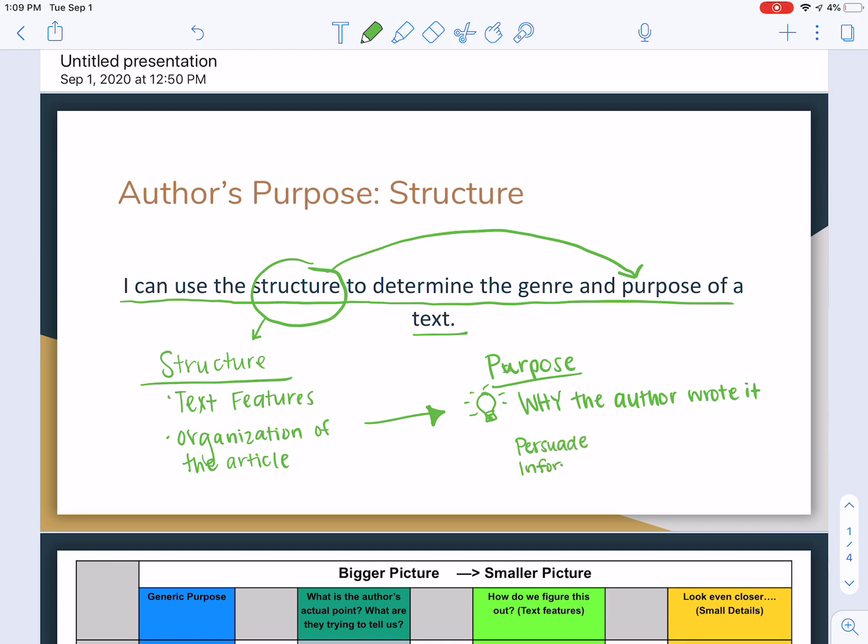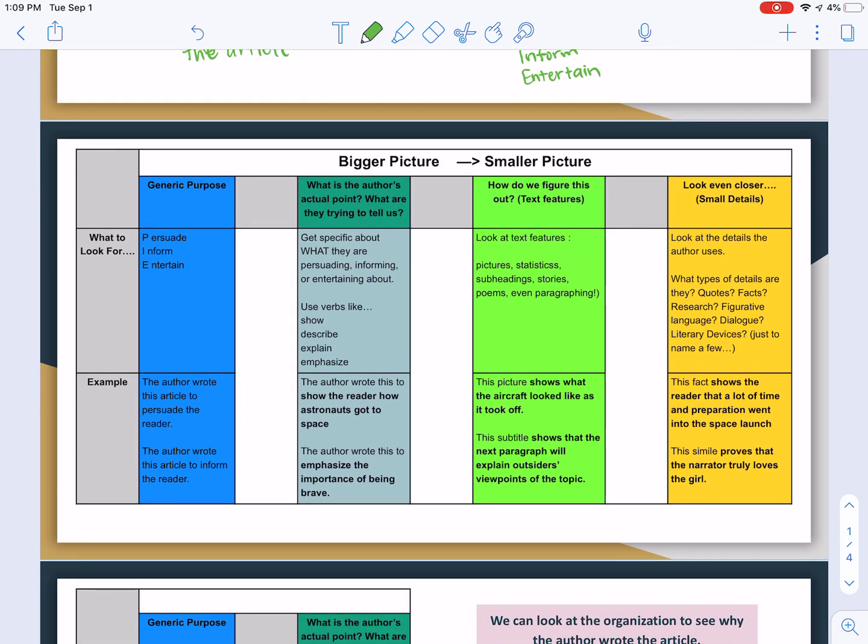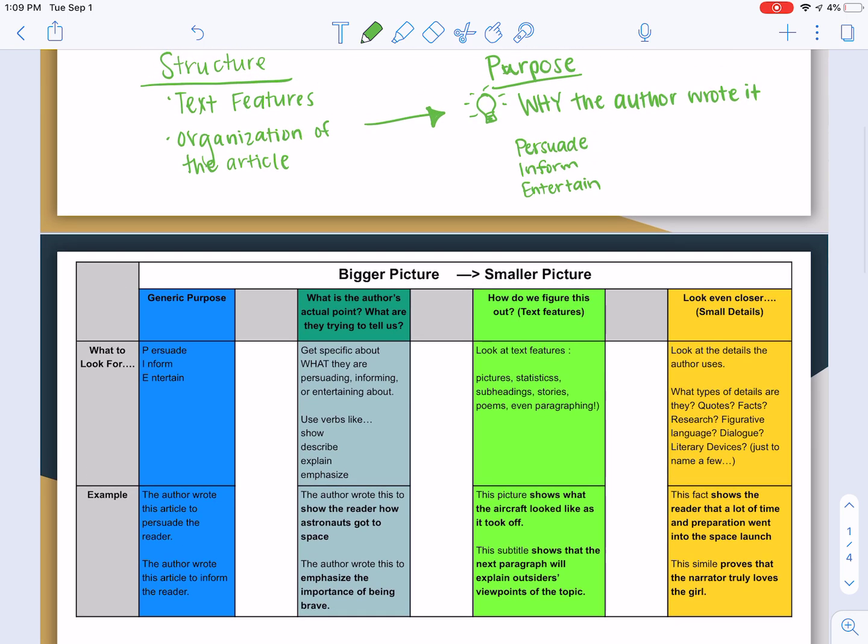It's by looking at the smaller details that we get to the big why behind them. So when we look at this graphic, it can be a little bit overwhelming. There's a lot of information here. But because we're looking at the overall purpose of the whole article, we're looking here and here at these two columns.